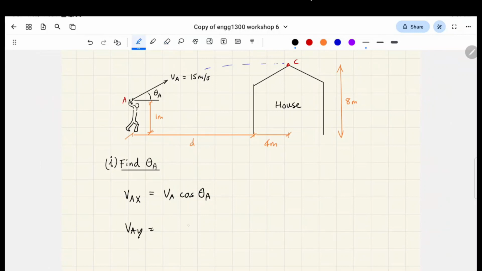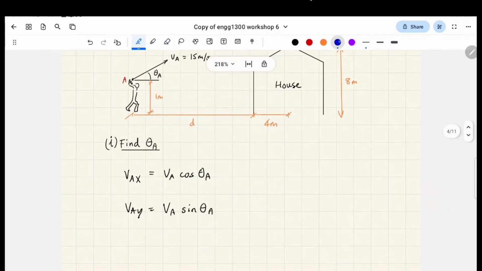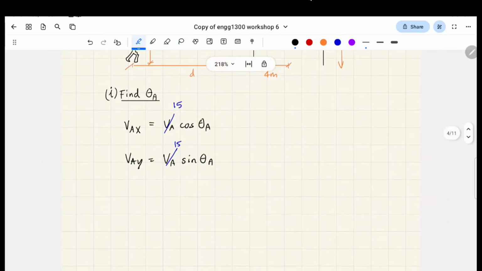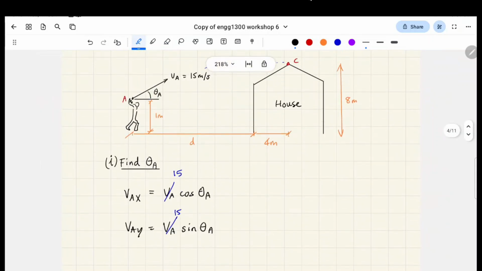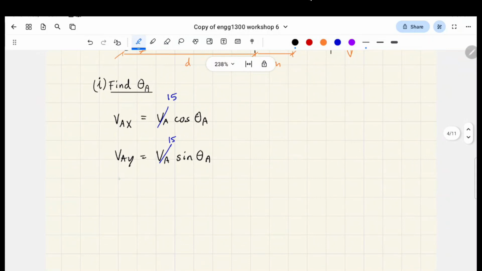The y component is this. Well, we don't know the angle, that's what we're going to be solving for, but this is just a preliminary step I like to do. We do know the initial velocity. And then the next thing I like to do is note down this.